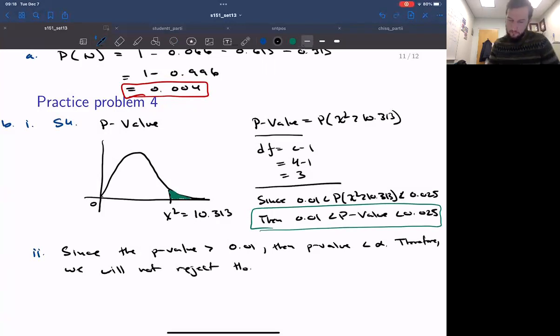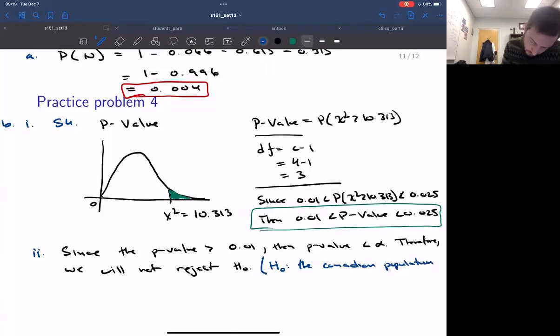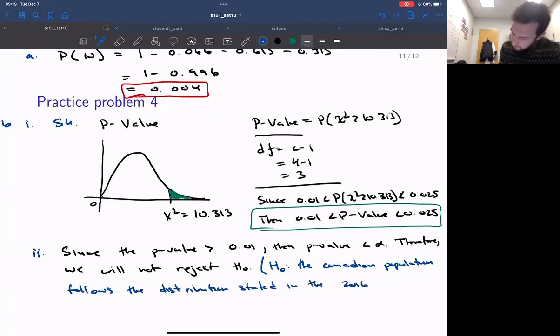Now, since we're running a chi-square goodness of fit test, H0 would be the Canadian population follows the distribution stated in the 2016 census.